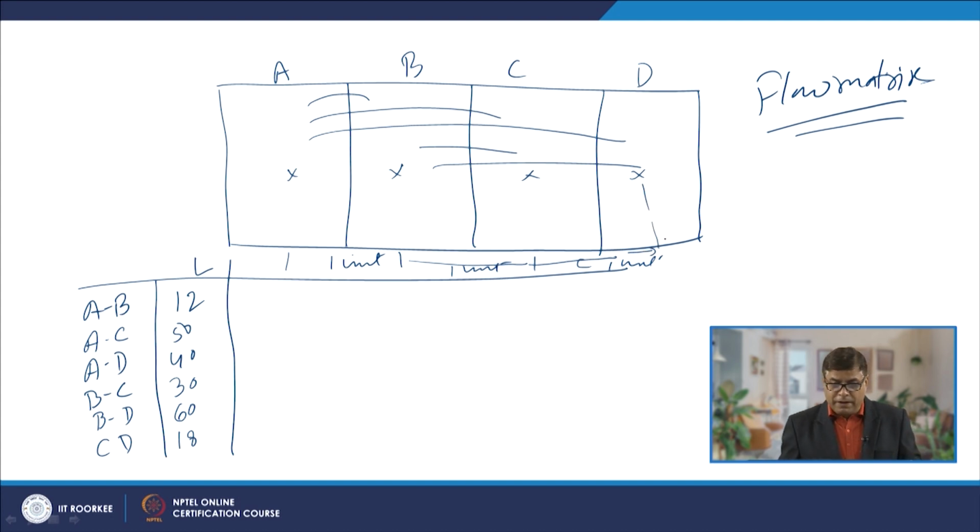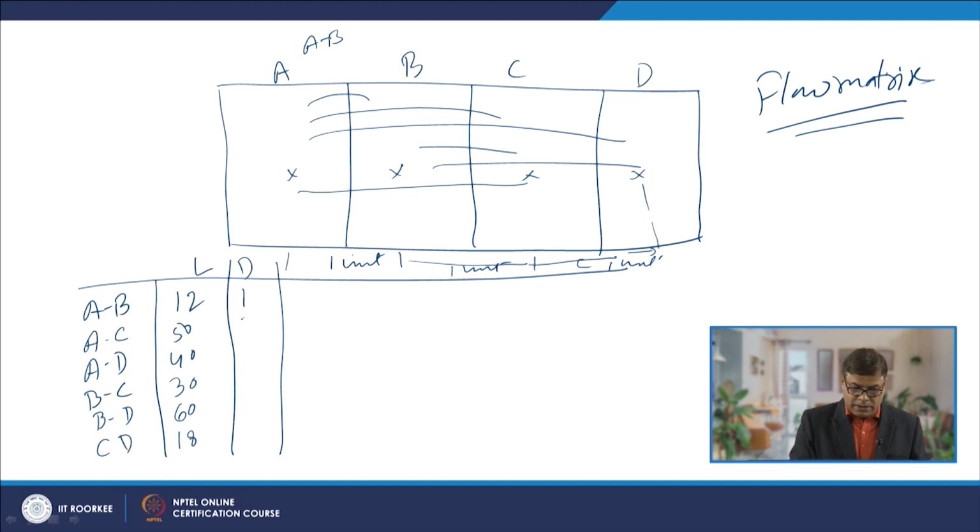So, in that case the distance A to B is 1 unit, then A to C will be 2 units, A to D will be 3 units, B to C will be 1 unit, B to D 2 units and C to D is 1 unit.